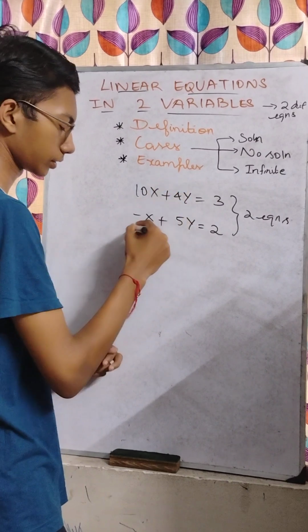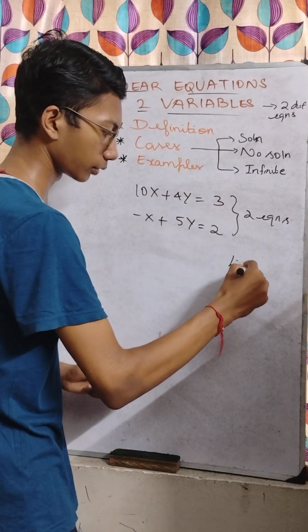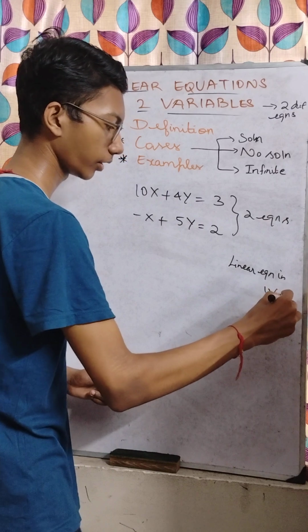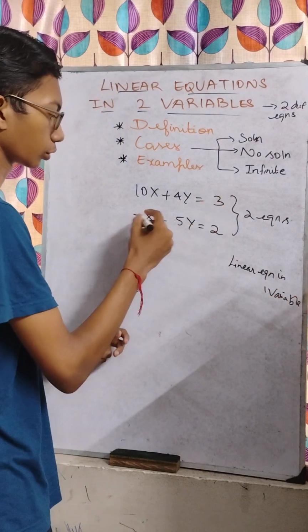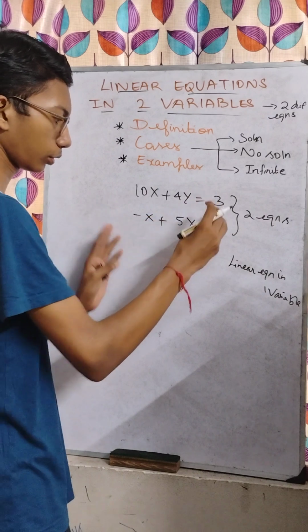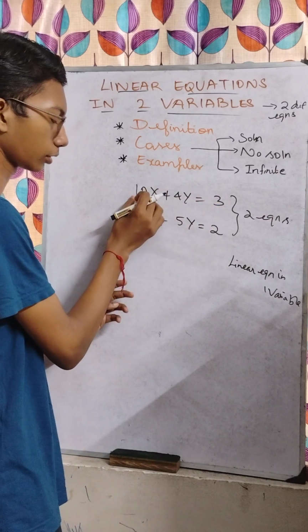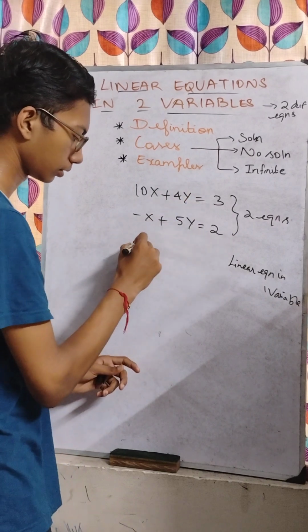We can cancel either the x terms or the y terms. If we do that, then we will have a linear equation in one variable, which is very easy to solve. So that is the motto of this. To cancel, the coefficient of the x term or the y term must be the same.